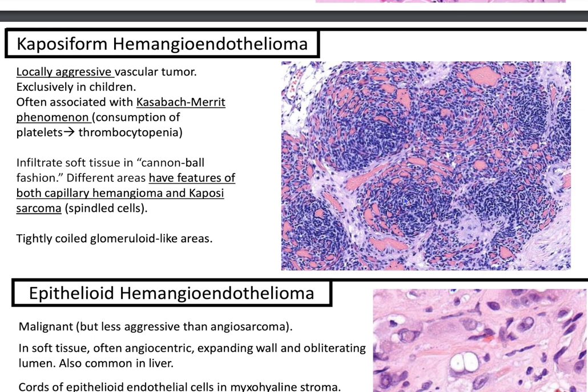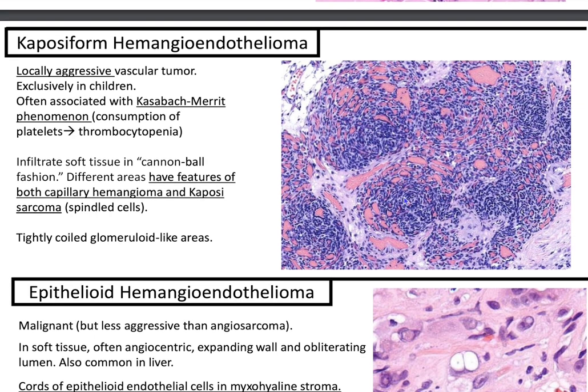Kaposiform hemangioendothelioma. This is a locally aggressive vascular tumor exclusively in children. It's often associated with this clinical picture of Kasabach-Merritt phenomenon, where you have consumption of platelets that leads to thrombocytopenia. On low power, you'll see a cannonball fashion of soft tissue tumor, and as you look closely, you'll see tightly coiled glomeruloid-like areas.